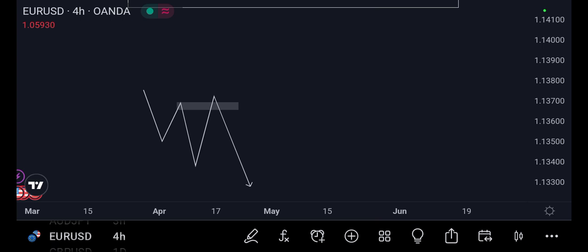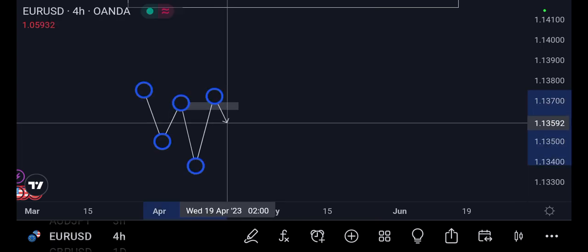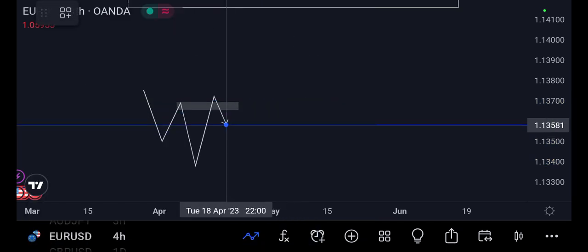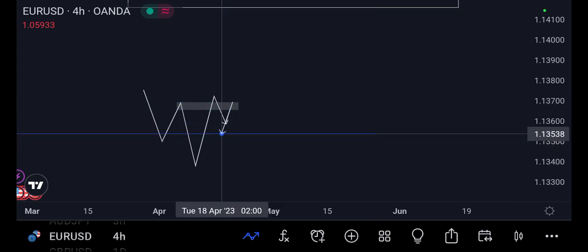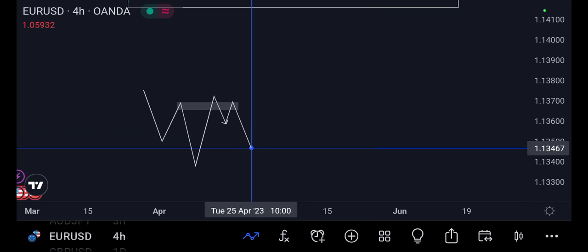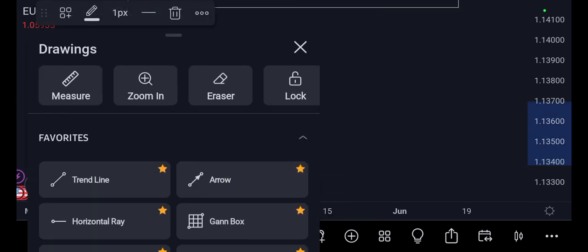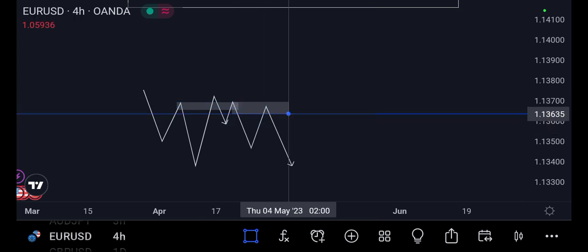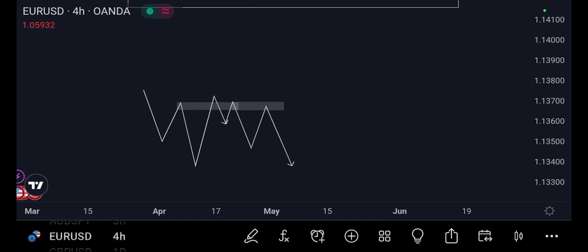But for confirmation entry, as price has already done that liquidity sweep from the higher time frame, you wait for the change of character. Price going up again, on the lower time frame this time, breaking structure to the downside, then giving a return to that block, then sell from there. So this will be your entry for your confirmation. Your confirmation entry will be right here, whereas your risk entry would have been here.